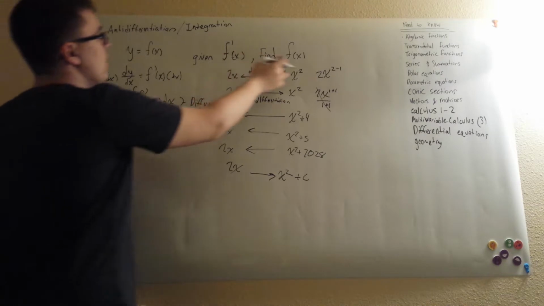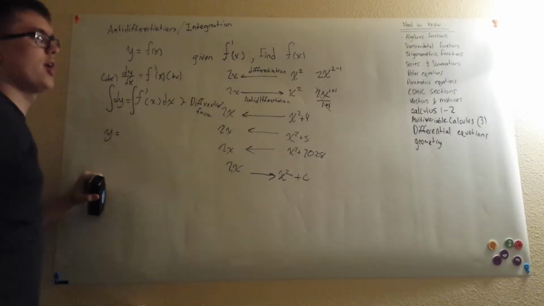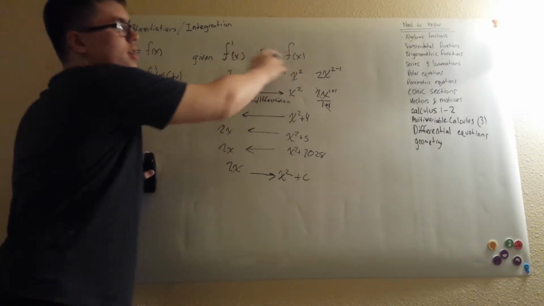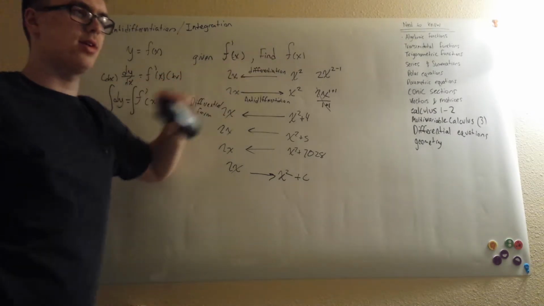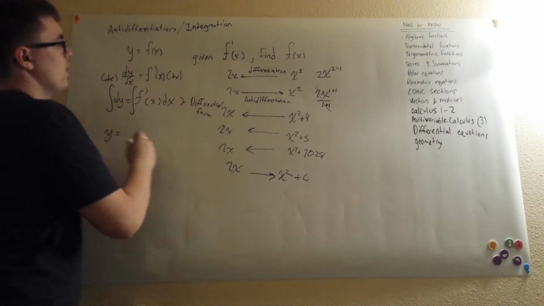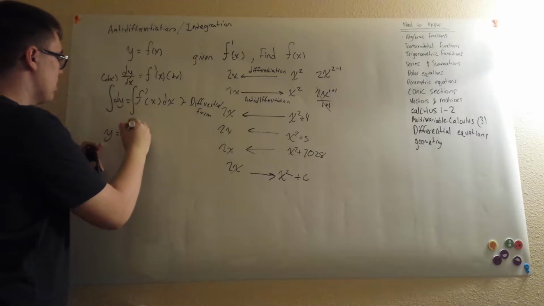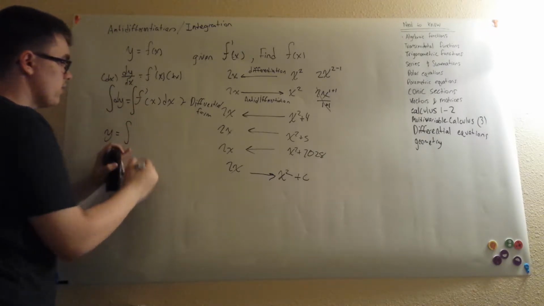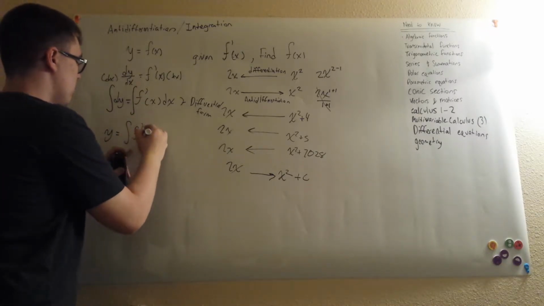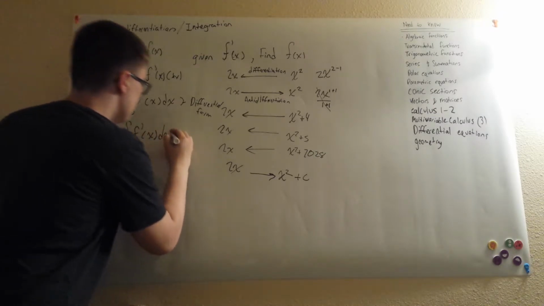If you want to find f of x, if you have f prime, you have to integrate. We have to find the antiderivative. So your original function y is going to be the antiderivative or the integral of f prime of x dx.